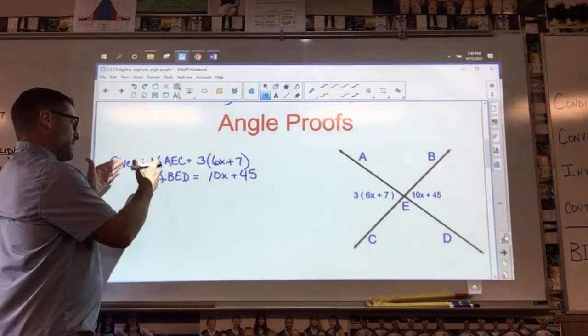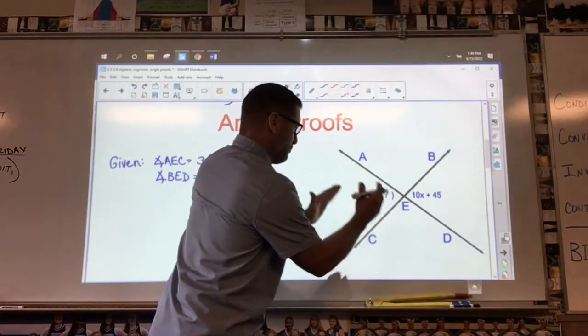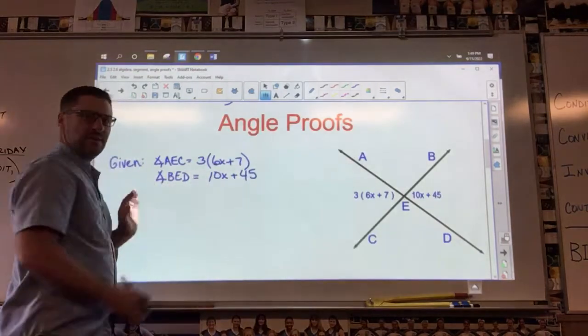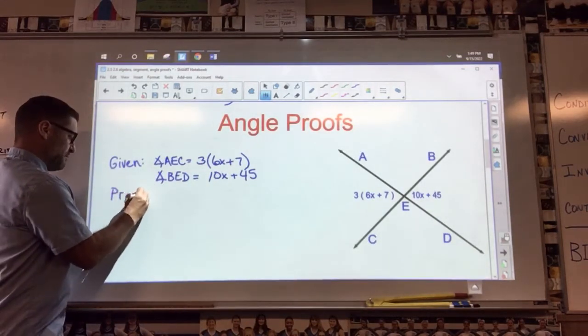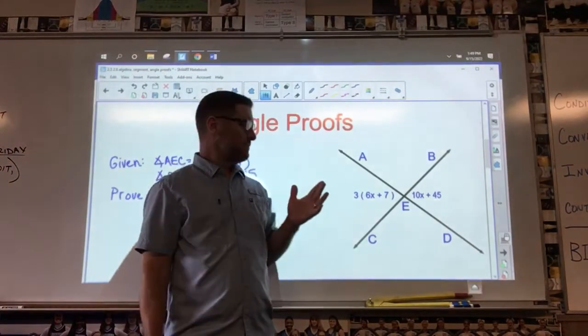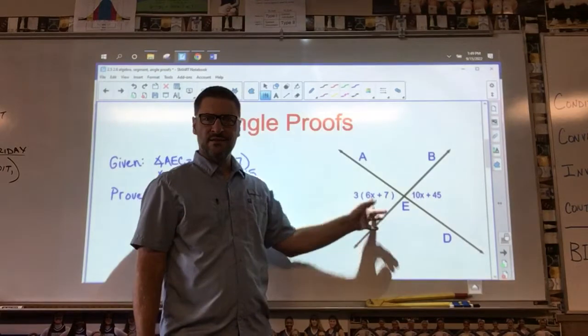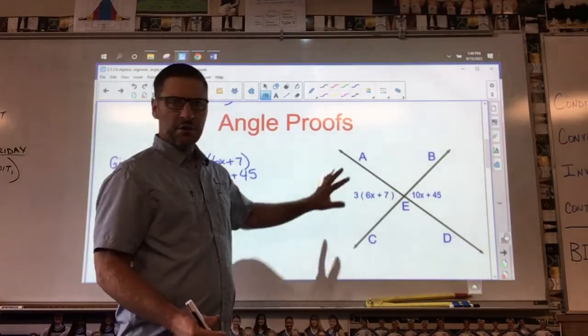And like I said, rather than the given giving me the picture, the picture gives me the given, and I can actually go back and forth on this. So what am I trying to prove? Well, there is no proof, but there's an x. So I'm assuming I'm going to solve for x. So I'm going to make a little bit of a leap in logic.